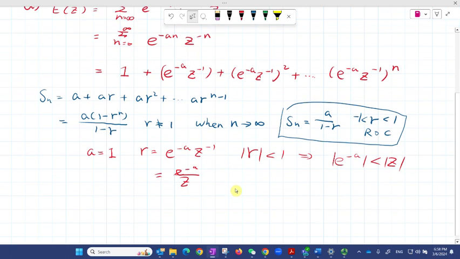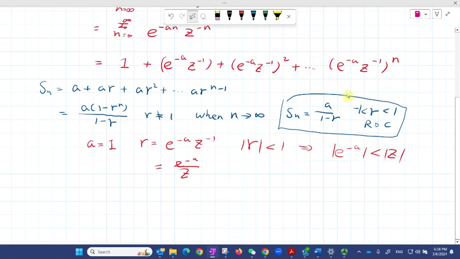So we can have the final result. Let me scroll down a little bit. Using this one, the final result E(z) equals a, which is 1, over 1 minus r. We can move terms like this: move the z here, and it's z over z minus e to the order of negative a.